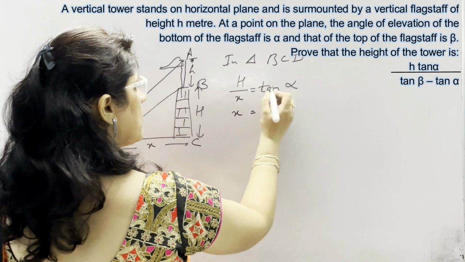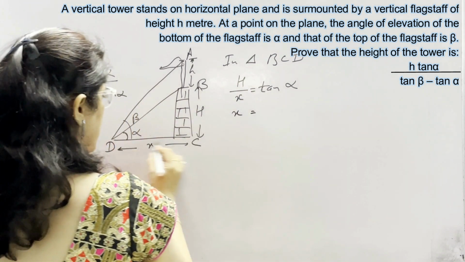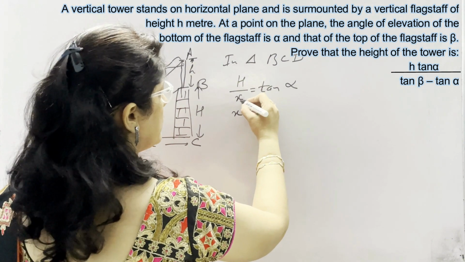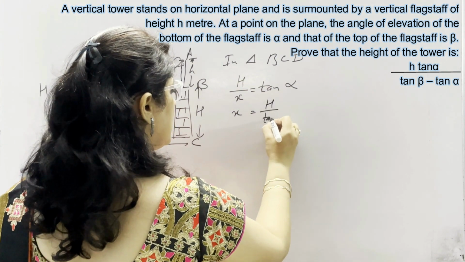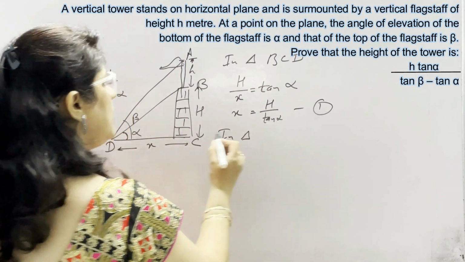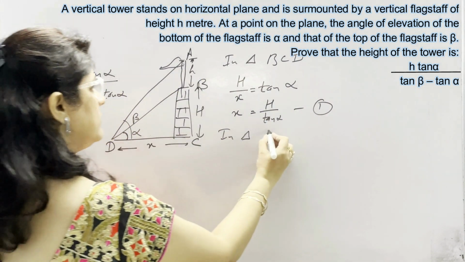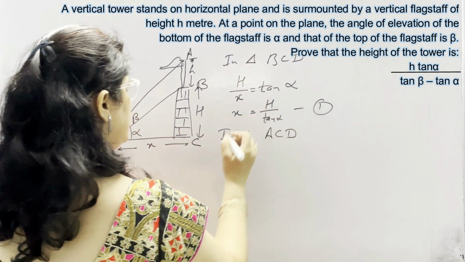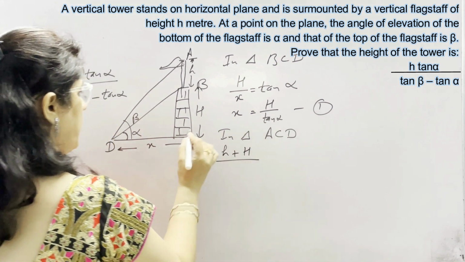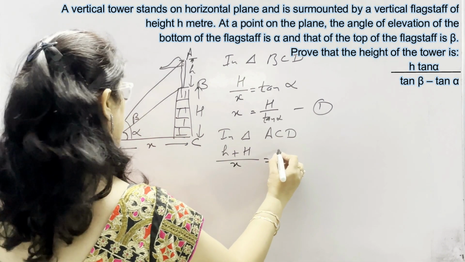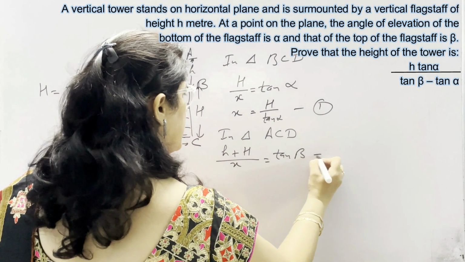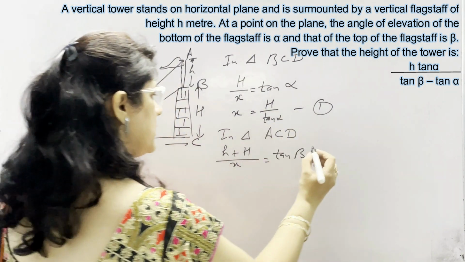We don't need to calculate X in this question because they have not asked for it. So X is equal to H upon tan alpha. This is our first equation. Now in the next triangle ACD, H plus h is our perpendicular and the base is X, and the angle is beta. Now we can replace X with this value.